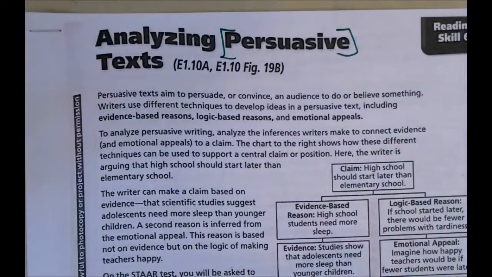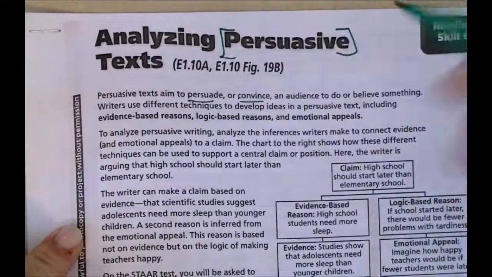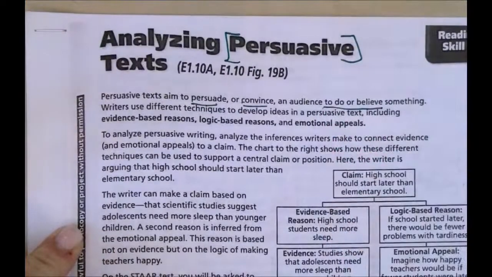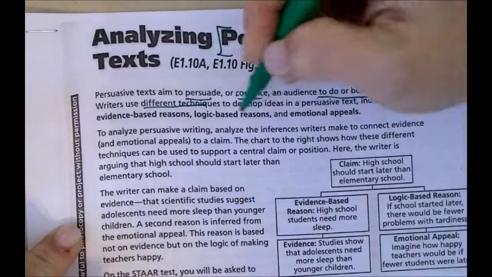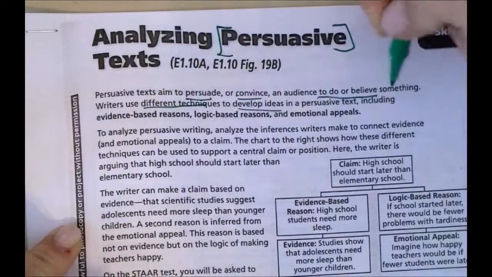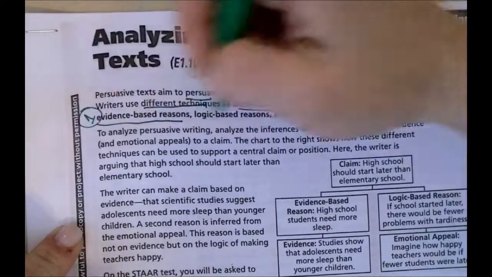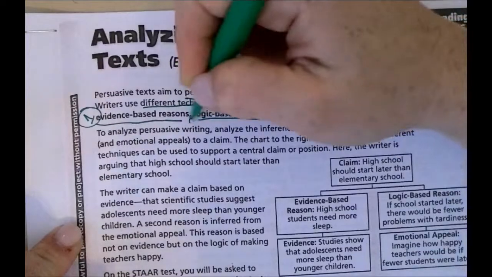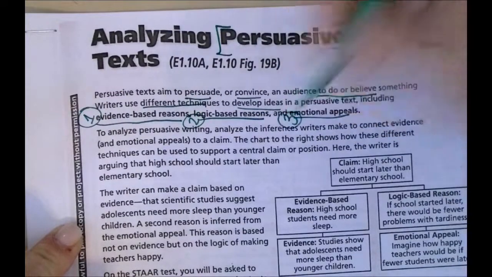Persuasive texts aim to persuade or convince an audience to do or believe something, all right? Writers use different techniques to develop ideas in a persuasive text, including evidence-based reasons, that's one thing they do, logic-based reasons, that's two, and emotional appeals, that's the third.